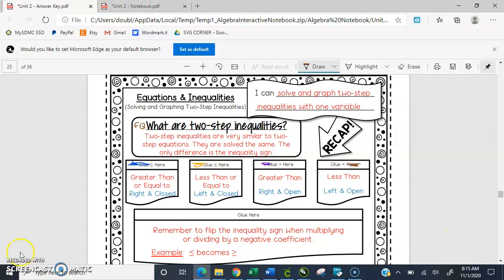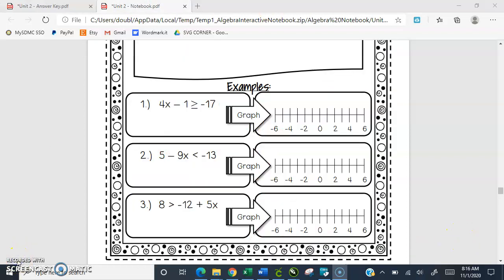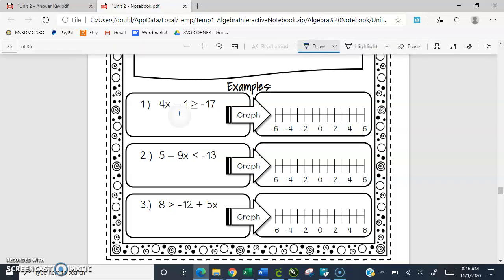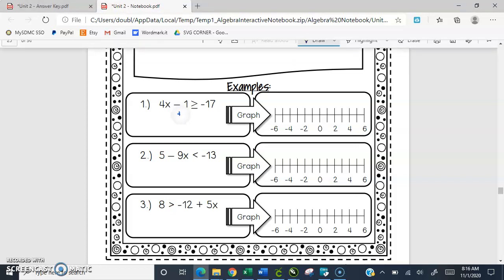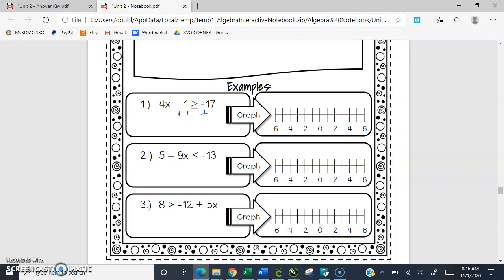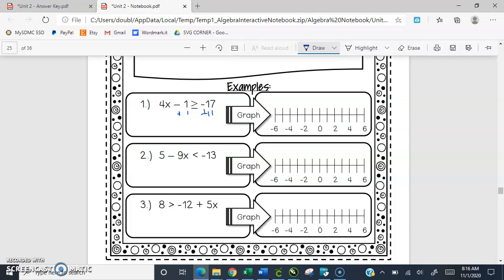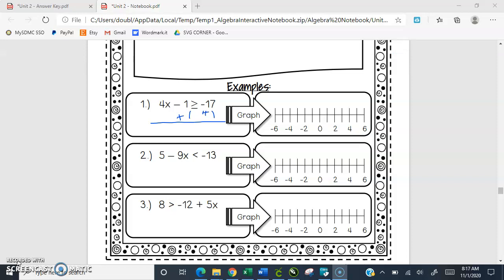All right, so let's go to some of the example problems. Okay, here's the first example. 4x minus 1 is greater than or equal to negative 17. So what we want to do is add 1 to both sides. Again, we added 1 to both sides. This cancels out.